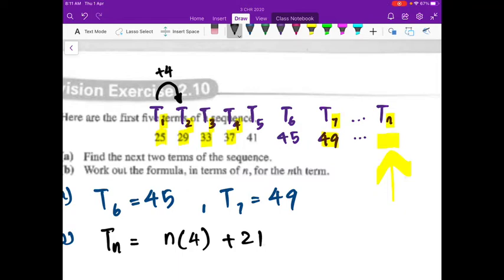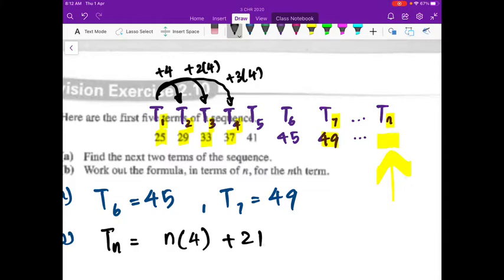From term number 1 to term number 3, I plus 8, which is 2 times of 4. From term number 1 to term number 4, I actually plus 3 times of 4, and so on and so forth.